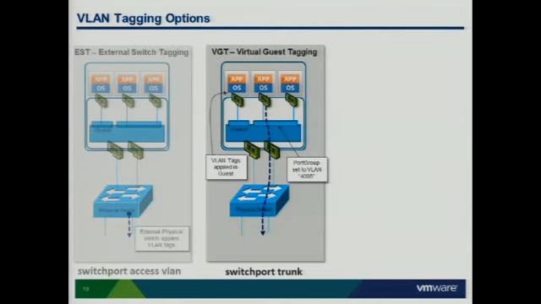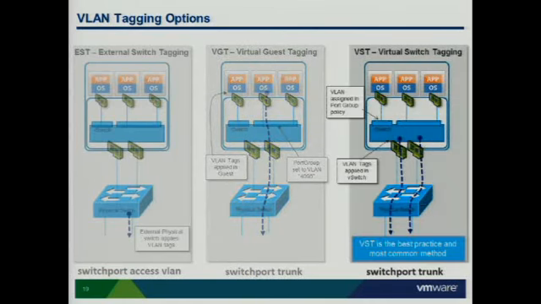You set the port group VLAN to 4095 to accommodate that and pass all of the VLAN traffic. For the physical switch, we do require that it's configured as a switchport trunk, and we have the allowed VLAN range, anywhere between 1 and 4094. You just have to ensure that you're passing the right VLANs on the physical side, so that the guest tag can be applied on the virtual side.